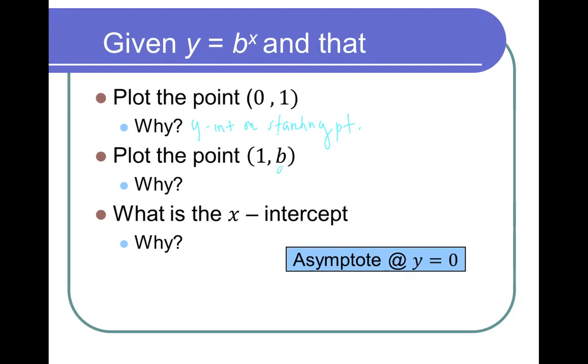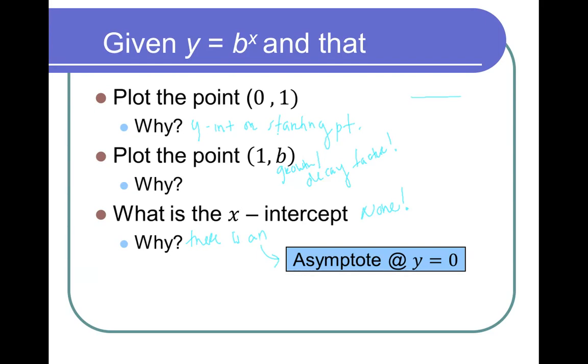So that's like the growth or decay factor. And then we know what the function looks like, so we're able to do that. What is the x-intercept? None. Why? There is an asymptote at y equals 0.